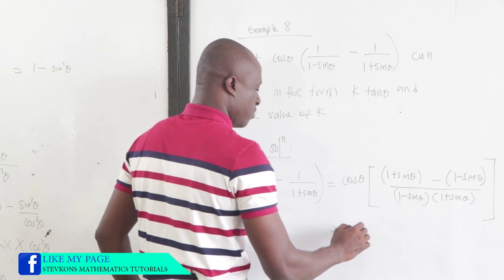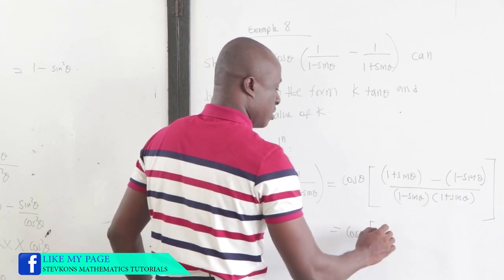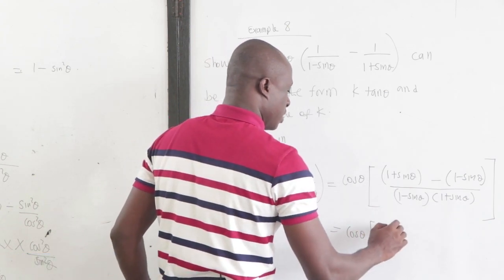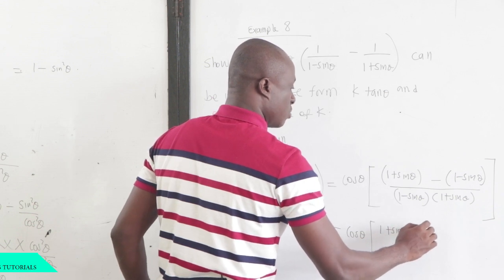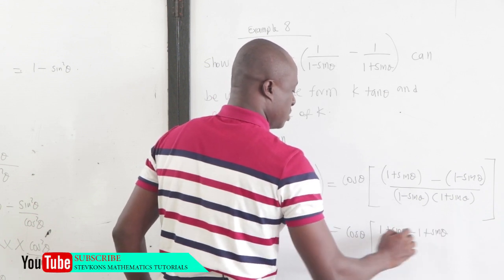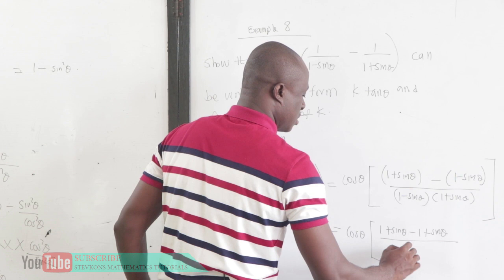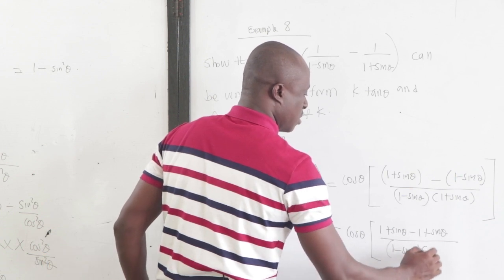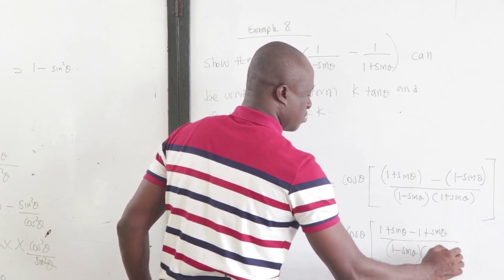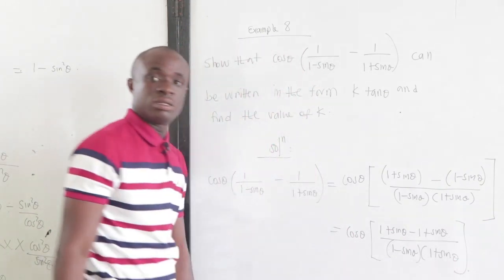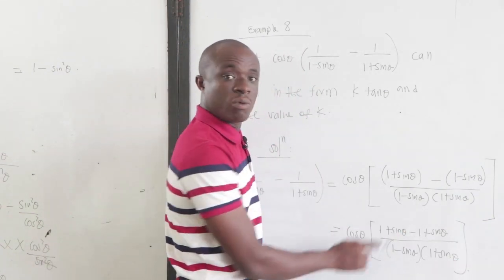Now we have cos theta, and then the numerator 1 plus sine theta minus 1 plus sine theta, all over 1 minus sine theta, 1 plus sine theta. Now this one and that one will cancel out.